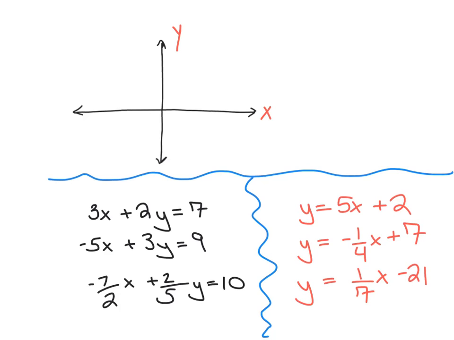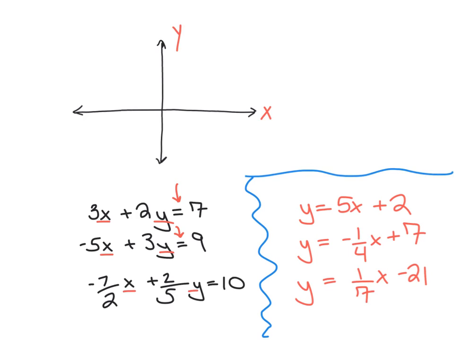So basically it's pretty simple. If you have a problem that has your x and y on the left side of the equal sign, then that is standard form. Notice how my x and the y are on the left of my equal sign. Again, same here.